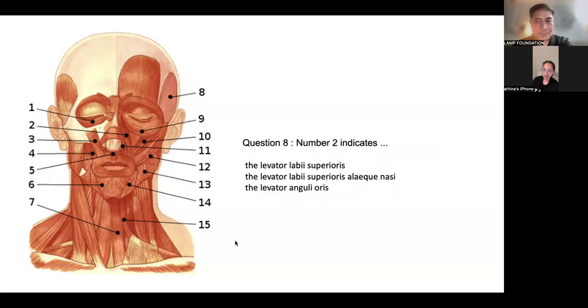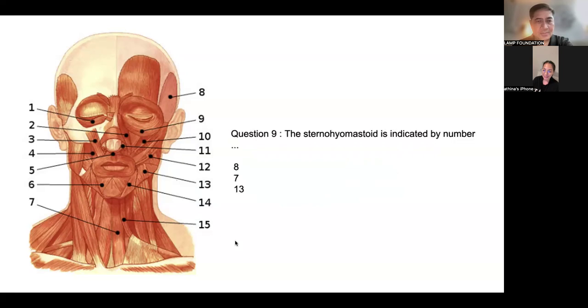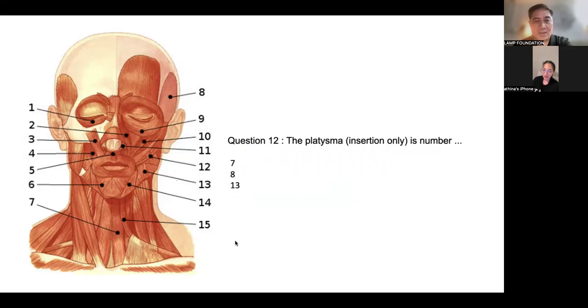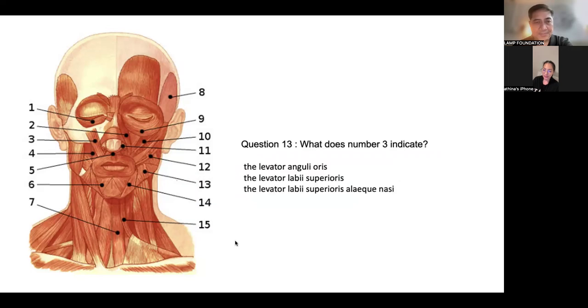Number 2, that's the levator labii superioris alaeque nasi. Sternohyoid, number 7. Depressor labii inferioris, that's number 6. Muscle number 15, that is the omohyoid. Platysma, insertion only, that is number 13. Number 3.